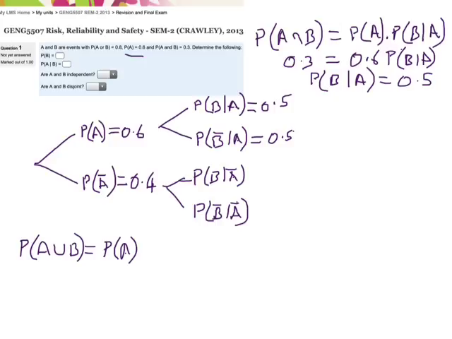The probability of B given not A multiplied by the probability of not A. So that'll give us the total probability of getting that exact result, that we've had not A and B. Hope that made sense and didn't confuse you. So this is going to be the probability of A plus the probability of not A multiplied by the probability of B given not A.